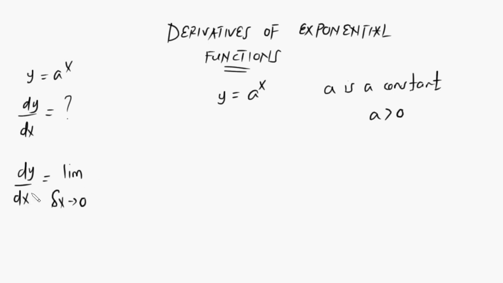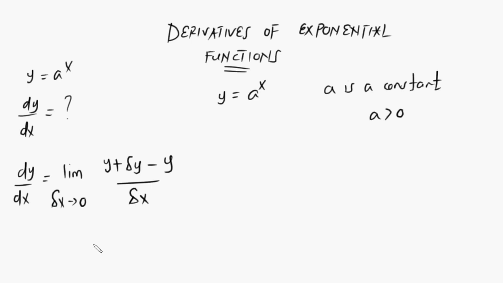So by first principle, I know dy/dx is just the limiting value as delta x approaches 0 of (y plus delta y minus y) over delta x. Alright?